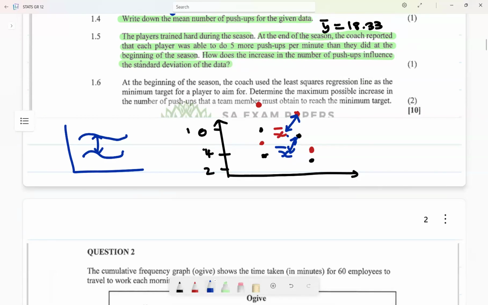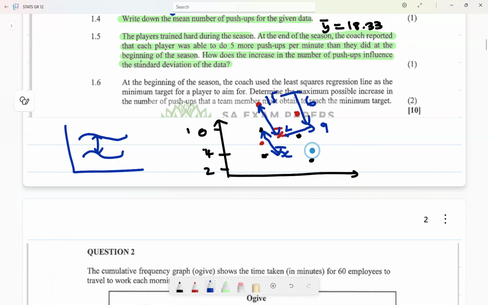If the distance from 4 to 10 was 6, then the new mean will be at 9 and the new point at 15. Can you see the difference between 15 and 9?